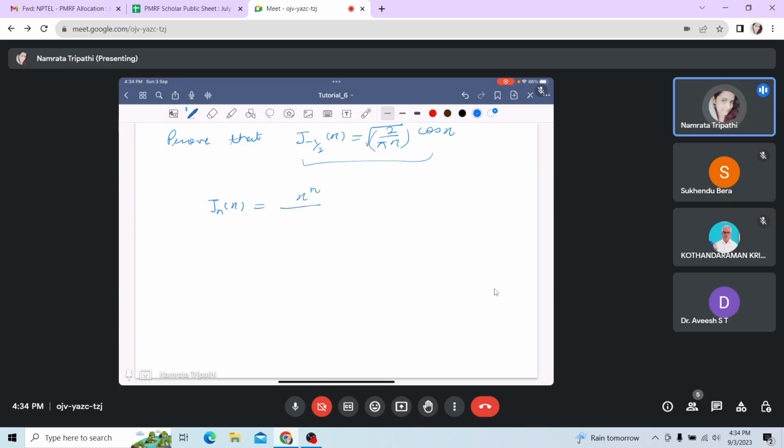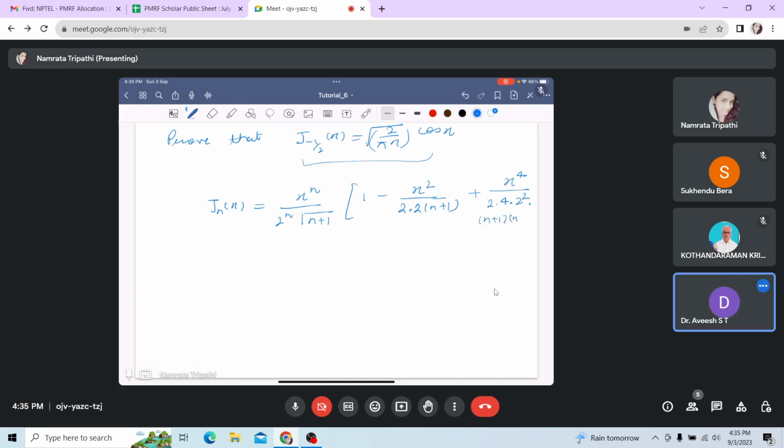We can also write the same expression in the expanded form, and so on. Is it okay? Yes, the same expression. Now you have to just simply replace n with minus 1 by 2. You will get the expression.